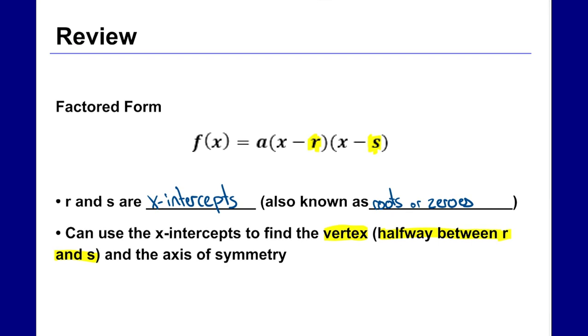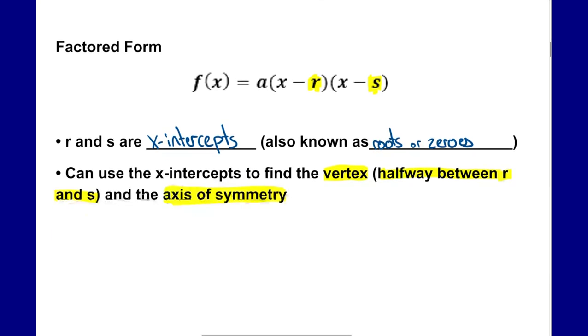So if I know two x-intercepts, I just have to find the halfway point between them, and I'll find where that axis of symmetry is, or where the x value of our vertex is. So we're going to get all of this information through calculations involving our x-intercepts.